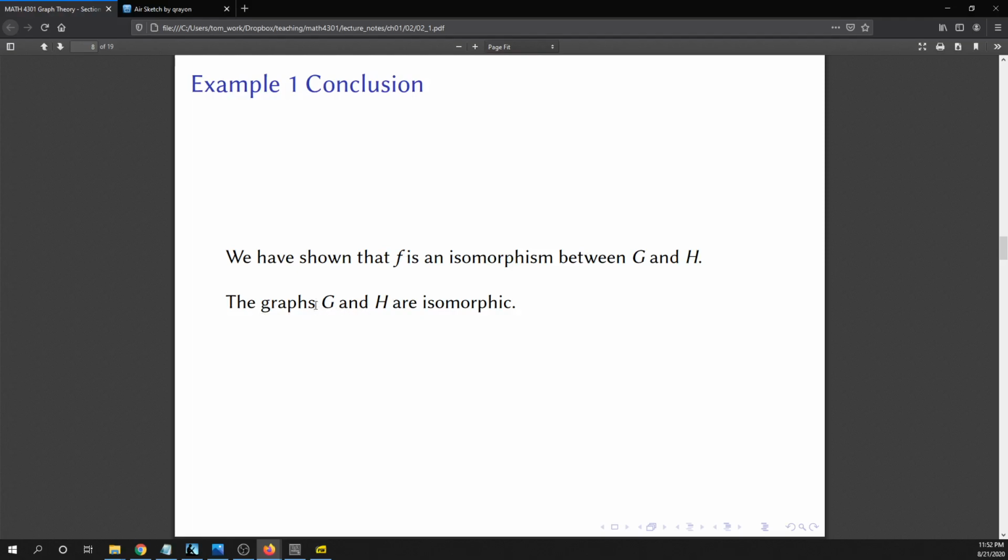And the immediate conclusion is that the graphs G and H are isomorphic, and that's what you have to do to show that two graphs are isomorphic, or it's one way to show that they're isomorphic, is to demonstrate that isomorphism between the two.